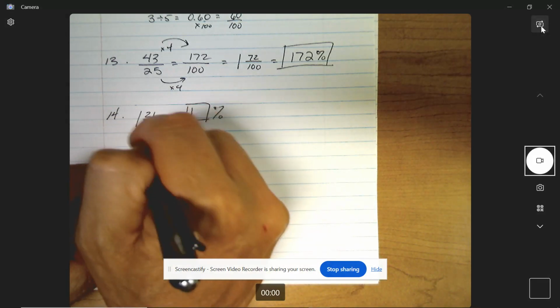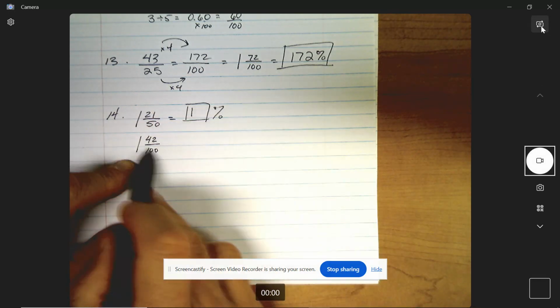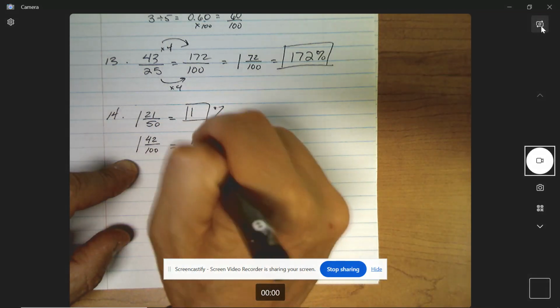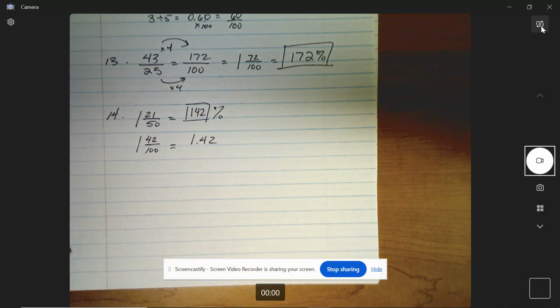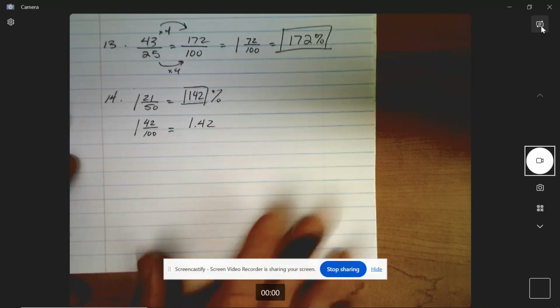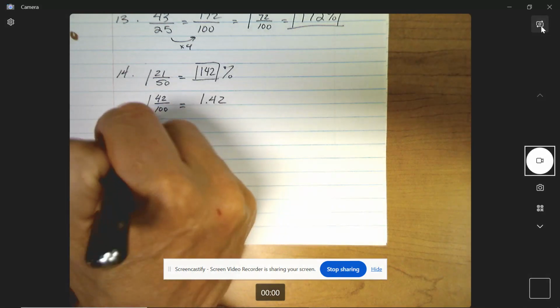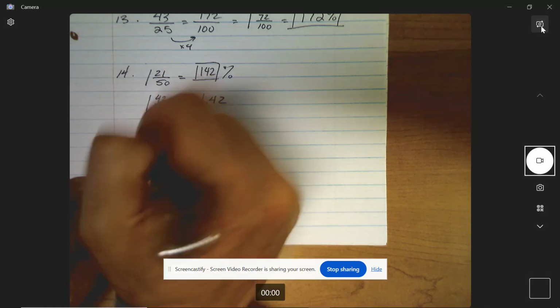I'm going to make this 1 and 42/100ths, which is 1.42, which is 142%. Yeah, that looks righter. That looks more righter-ish. The most righterist problem. No, it is not. Okay, so find the percent.